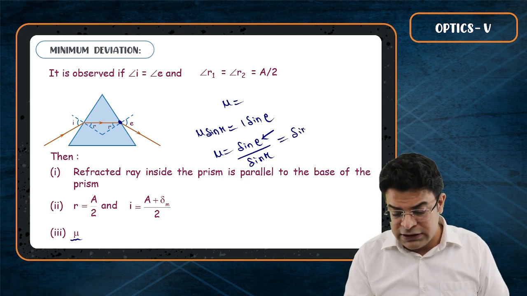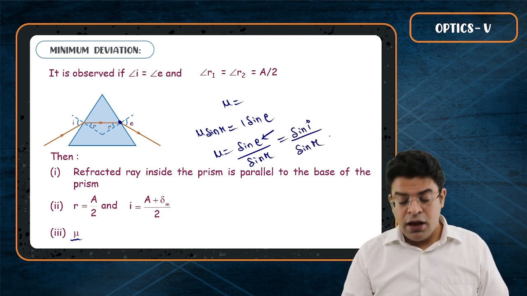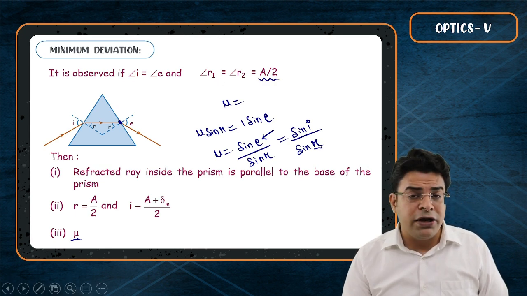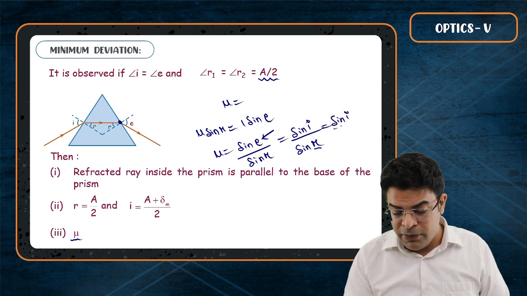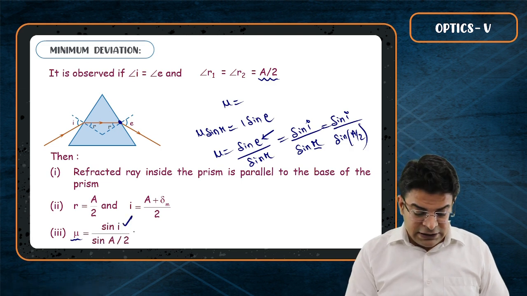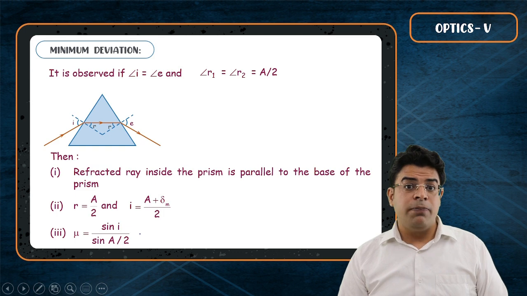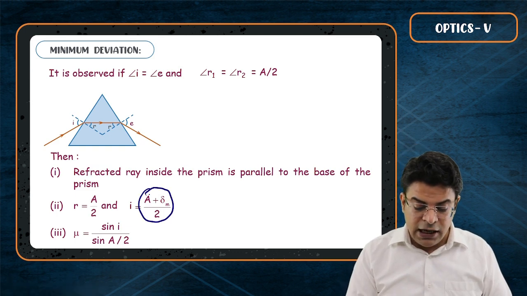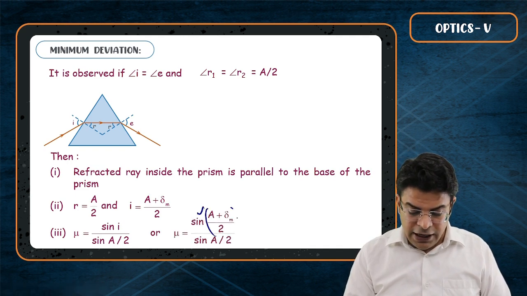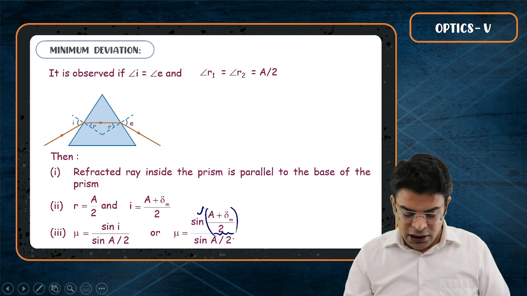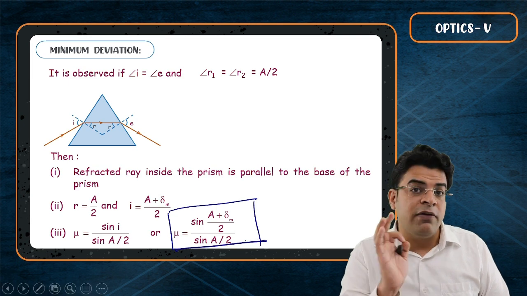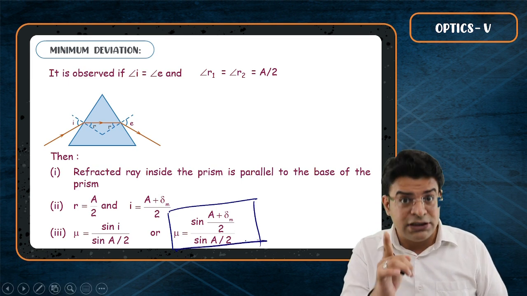So you can write it also as sine I by sine R. And for the case of minimum deviation, as R is the same as A by 2, in place of R you can even write A by 2. So you will get sine I by sine A by 2. So you can write the refractive index to be the same as sine I upon sine A by 2. And in place of I, you can write A plus delta minimum by 2. So the refractive index of this prism is nothing but sine of A plus delta minimum by 2, upon sine of A by 2. Now this formula is used many a time to find the refractive index of the prism material. So this is an important formula.